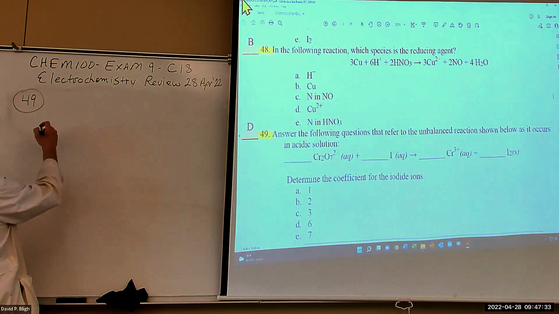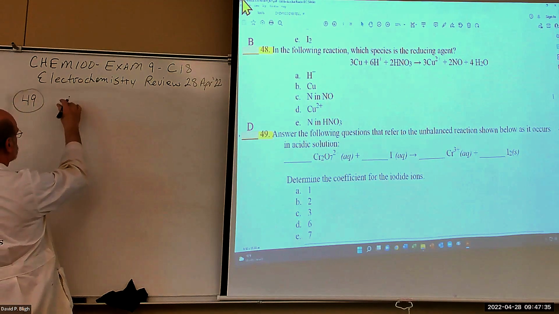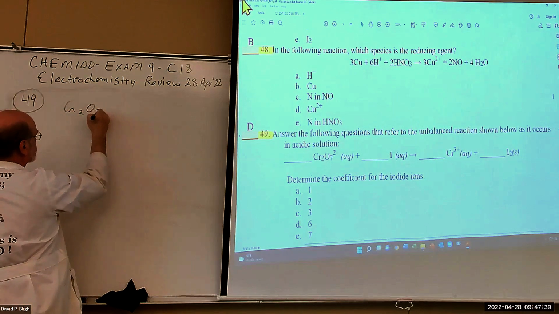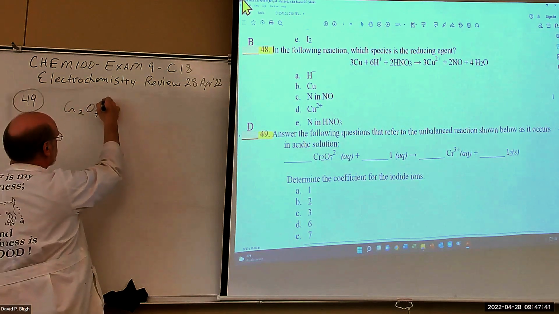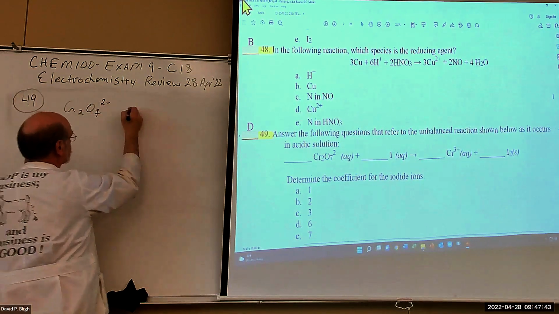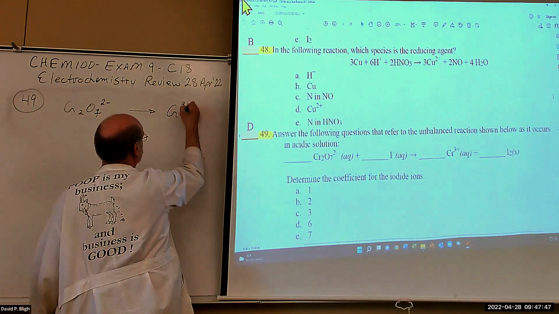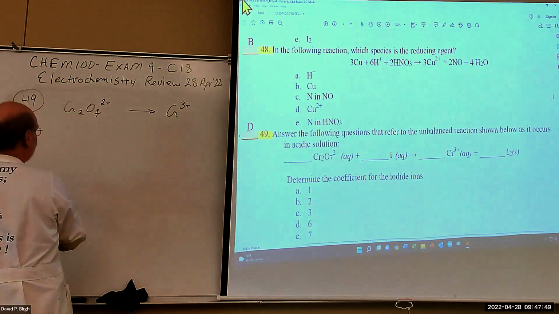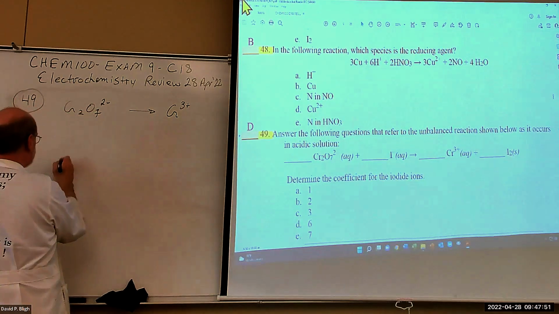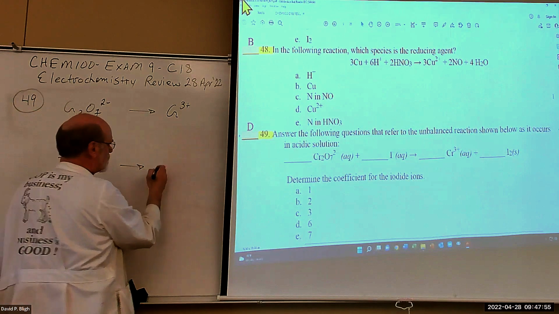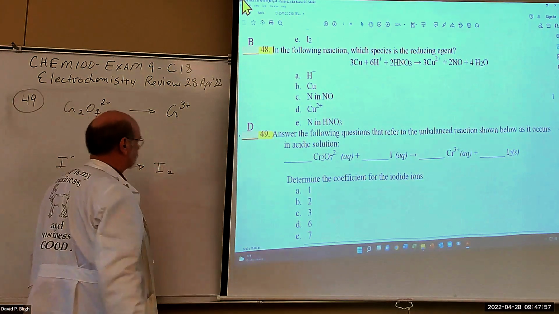So let's see, we're going to have, let's put it up here. Cr2O7 2 minus, that's going to go to Cr3 plus. Okay, and then this one is going to go to I2.